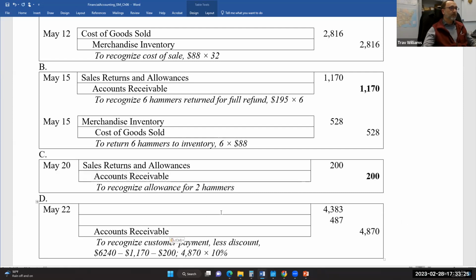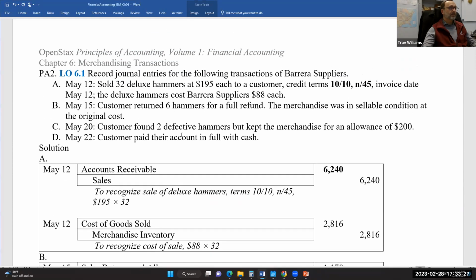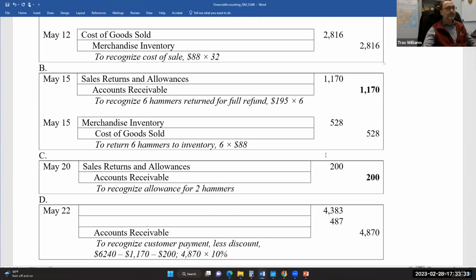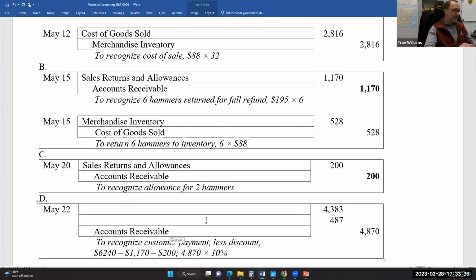We multiply that by the 10% discount because they did pay within 10 days. Okay. And we are going to call that sales discounts. And that gets debited. So I wasn't supposed to indent that. And the difference is cash, okay? So there we go. Any questions on this problem?